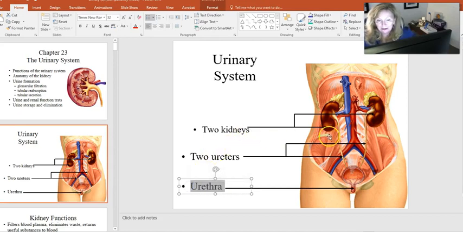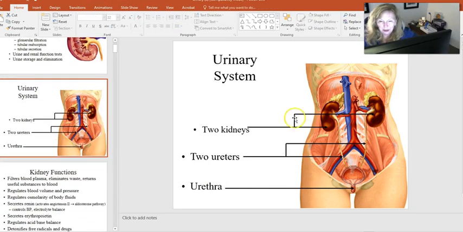So kidneys, ureters, urinary bladder, which isn't labeled on this one, and then the urethra. So these are the major organ structures, which is rather simplistic, right, as far as labeling, and you all will have an assignment for your anatomy portion of this section to know where these structures actually are.